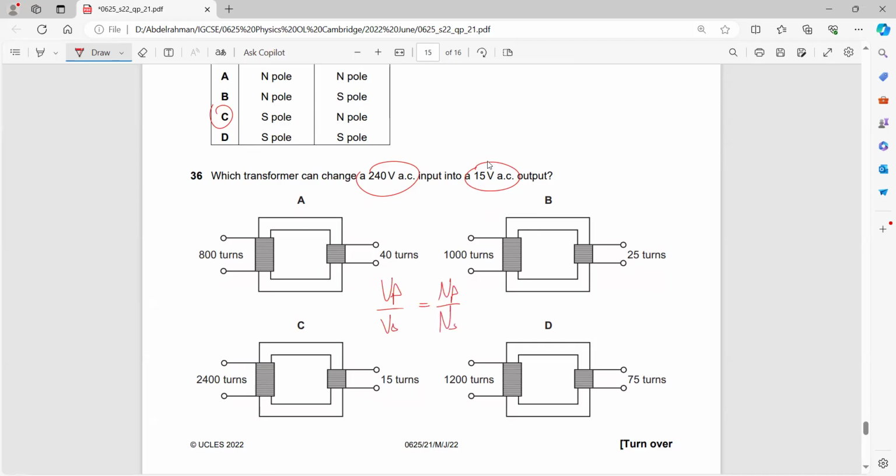It's quite simple, just a matter of trial and error. Vp over Vs is 240 over 15. Calculate this number and then calculate 800 over 40. Would it be the same or not? 1000 over 25, would it be the same or not? And so on for the rest of the answers.